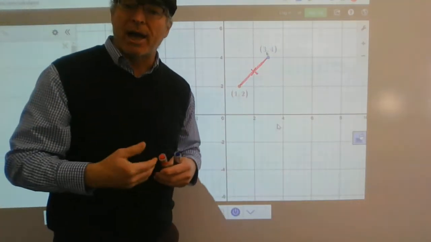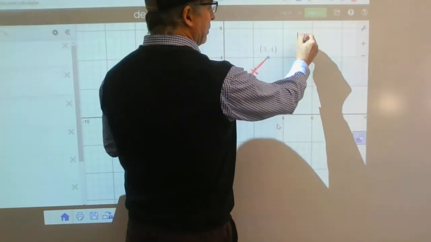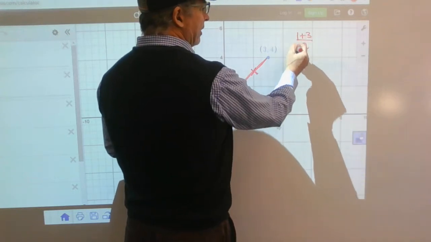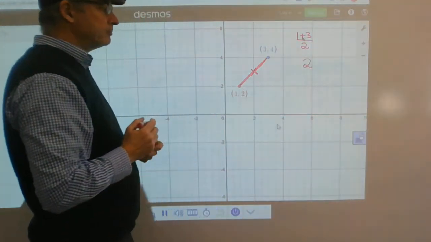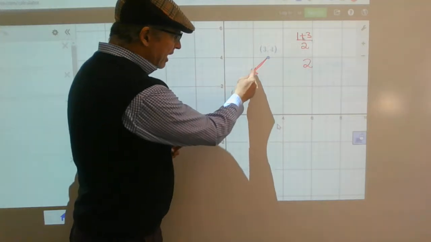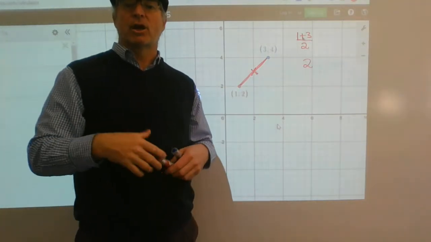If I average out 1 and 3, I say 1 plus 3 divided by 2, and I get 2. 4 on 2 is 2. And look at that. If you go across 2, that's where that point is. That midpoint of that interval is across 2.